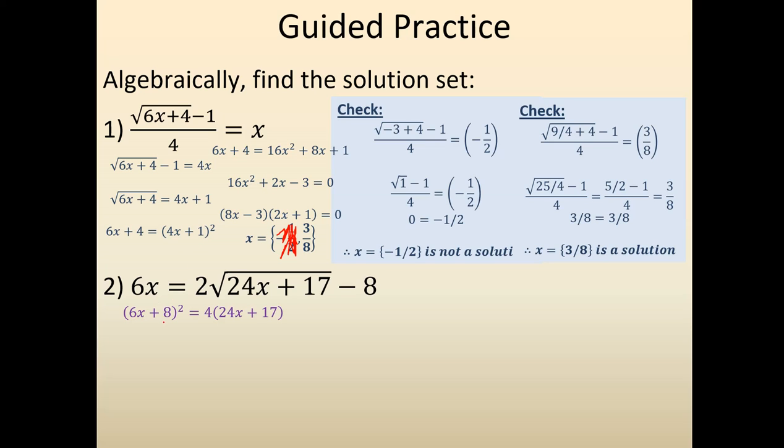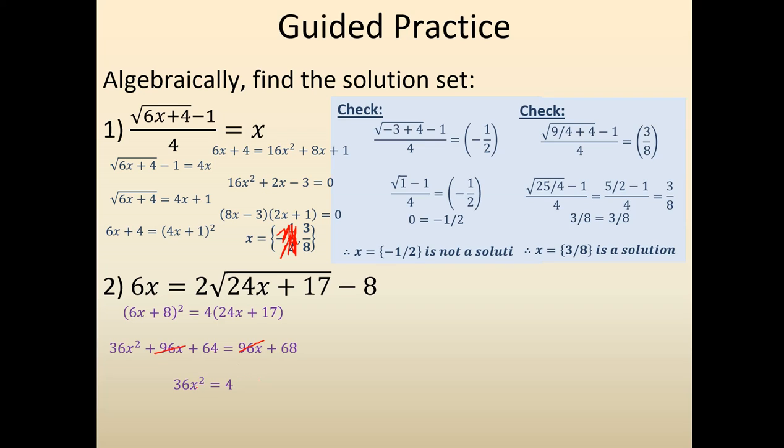So I get 6x plus 8 squared equals 4 times 24x plus 17. Expand out the left-hand side and distribute the 4 to all the terms. So we get 36x squared plus 96x plus 64 equals 96x plus 68. Because we have a 96x on both sides, I can cross them out. And then I'm going to subtract 64 from the other side, and I get 36x squared equals 4.